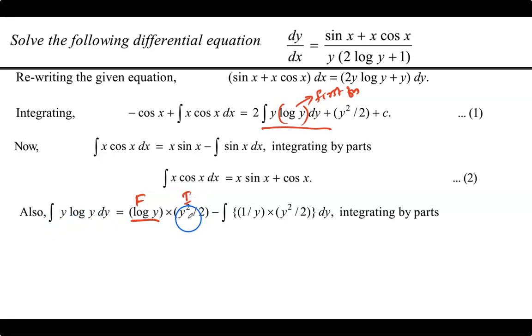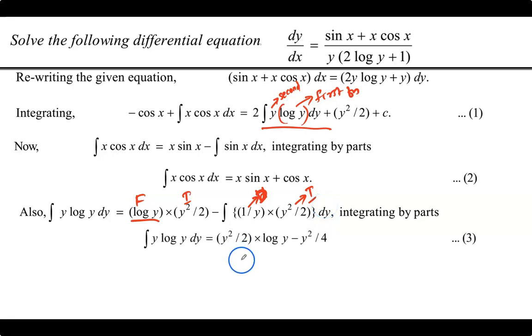Integral of y is y square by 2, minus integral of derivative of first function, that is derivative of log y, which is equal to 1 by y, into integral of second function, that is y square by 2 with respect to y.